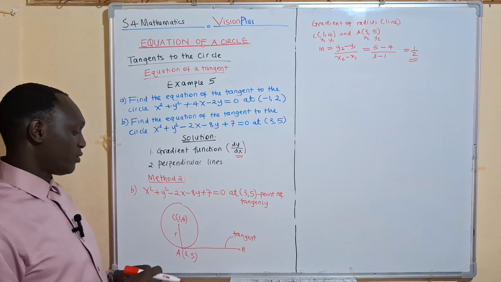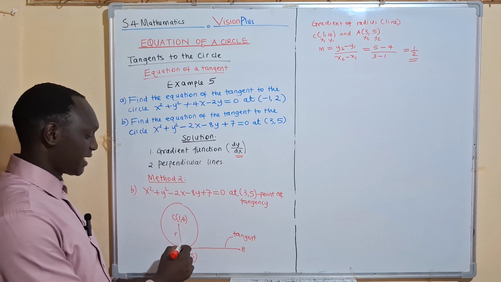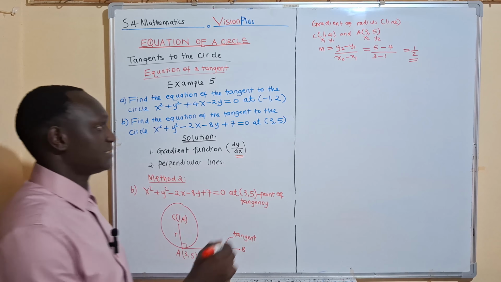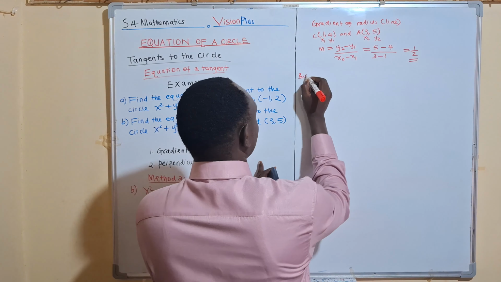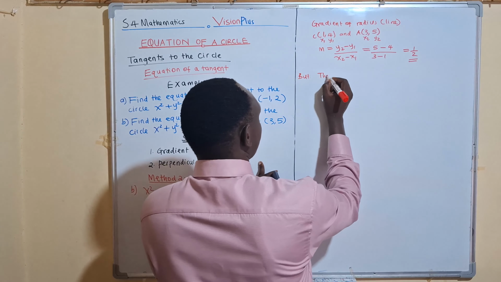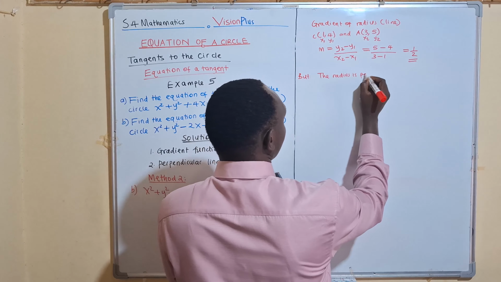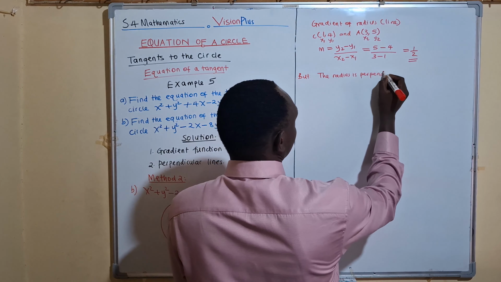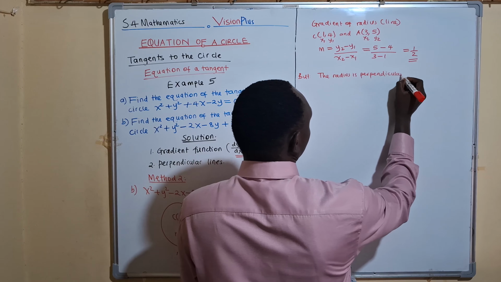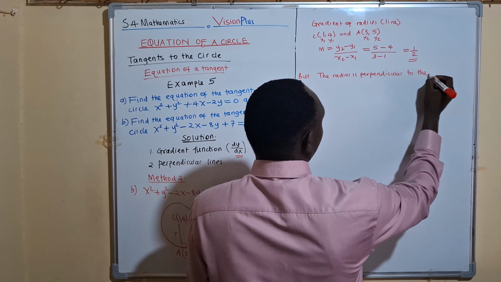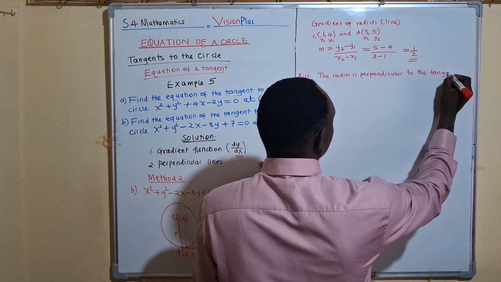What do we know? We know that the radius is perpendicular to the tangent. What is the implication of this?